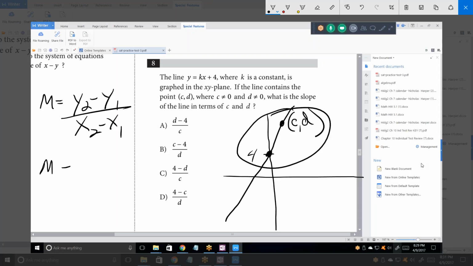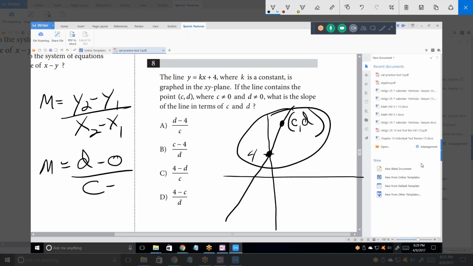What's y2? It would be d minus, yeah, d minus 0 over c minus 0, or minus 4. We got it backwards. It's the y coordinate.